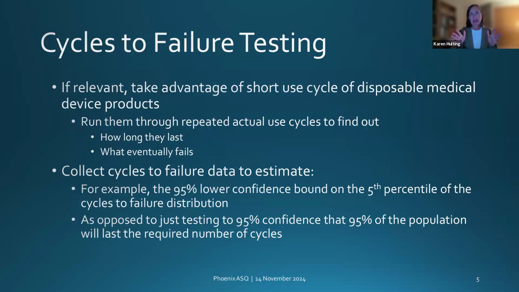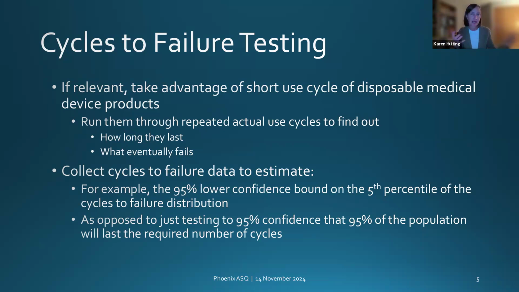Probably the main recommendation I have that comes from experience is that we want to, as much as possible, do cycles-to-failure testing. In this case, we're talking about a disposable medical product, right?